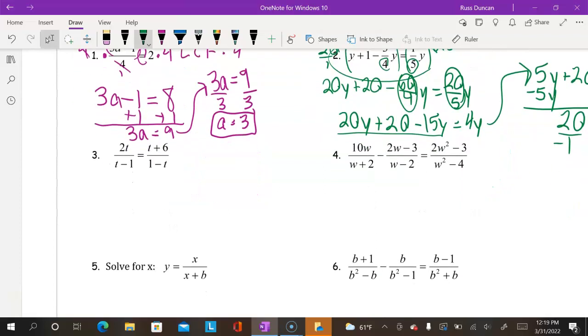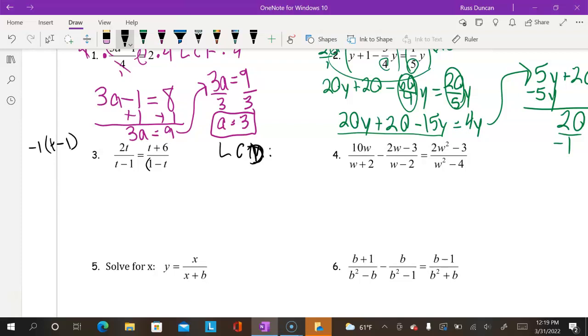Now, in number 3, this is tricky. They all are, right? But least common multiple, least common factor, least common denominator, whatever, are all kind of related types of things. If I've got t minus 1, and this is 1 minus t, if I take negative 1 out of 1 minus t, I get t minus 1.